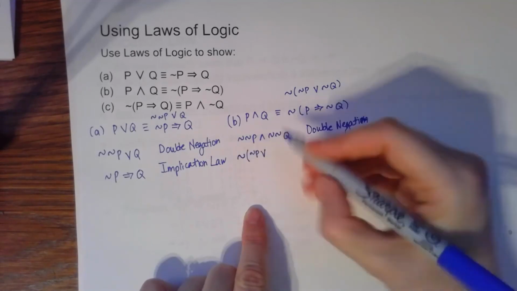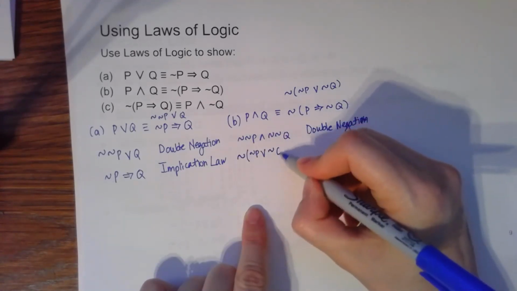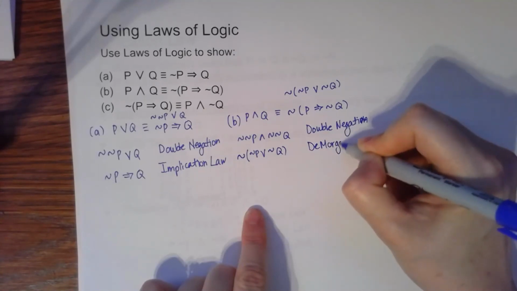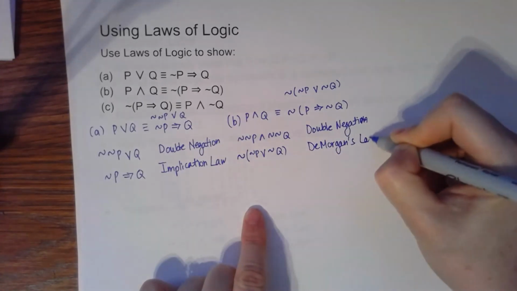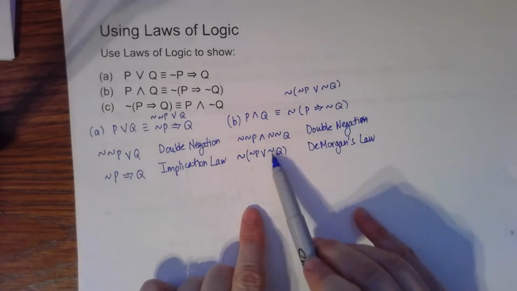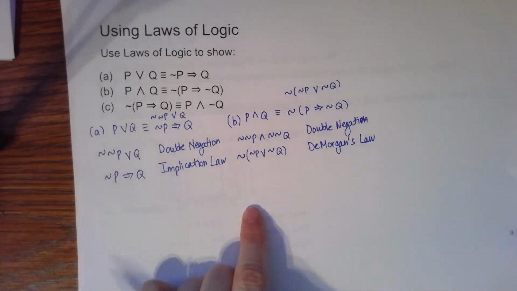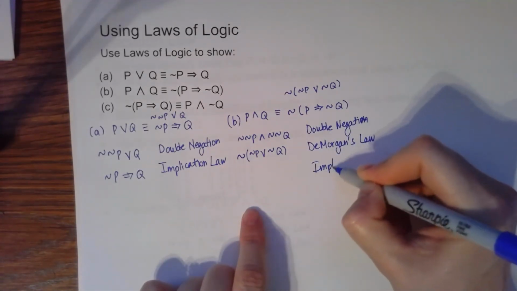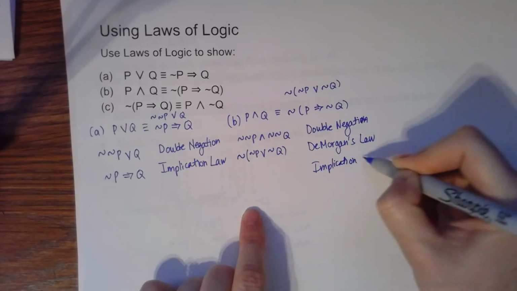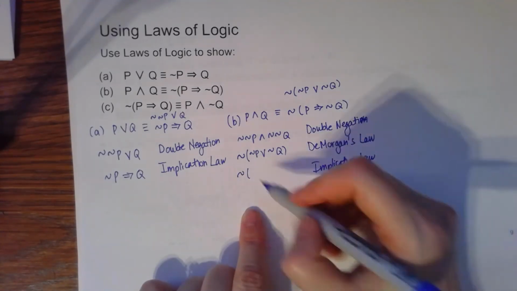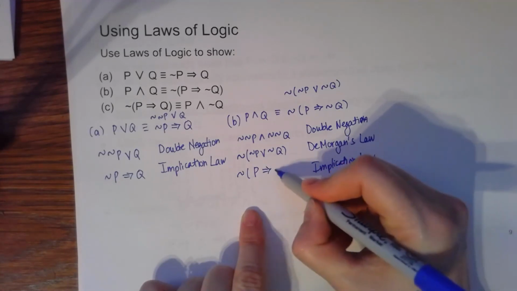And then I take out the negative there as well and just leave what's there. So that's De Morgan. And that's exactly what I was trying to get. So my little working back and meeting in the middle: I know if I apply the implication law to this one, I'm going to get this, and this is equivalent to P implies not Q.